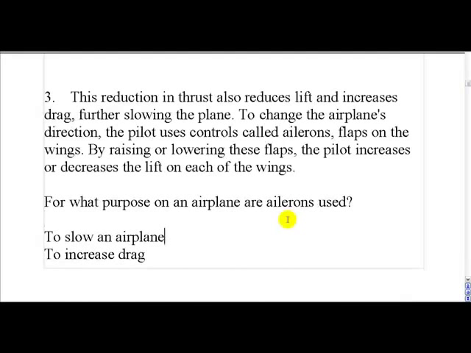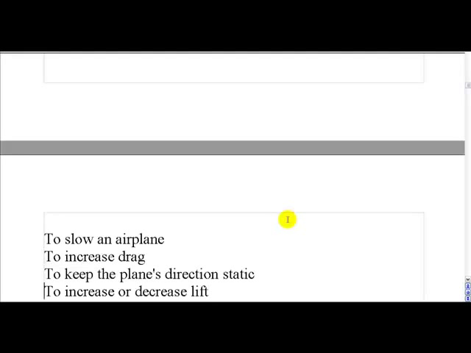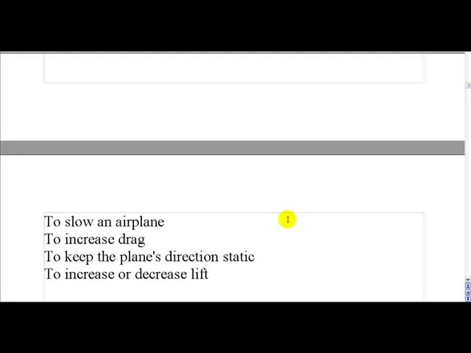Let's take a look at your choices. Of course, it says here the pilot increases or decreases the lift on each of the wings. So your choices here, it says to slow the airplane. Nope. To increase drag. Don't think so. To keep the plane's direction static. Static, see, this is tricky.